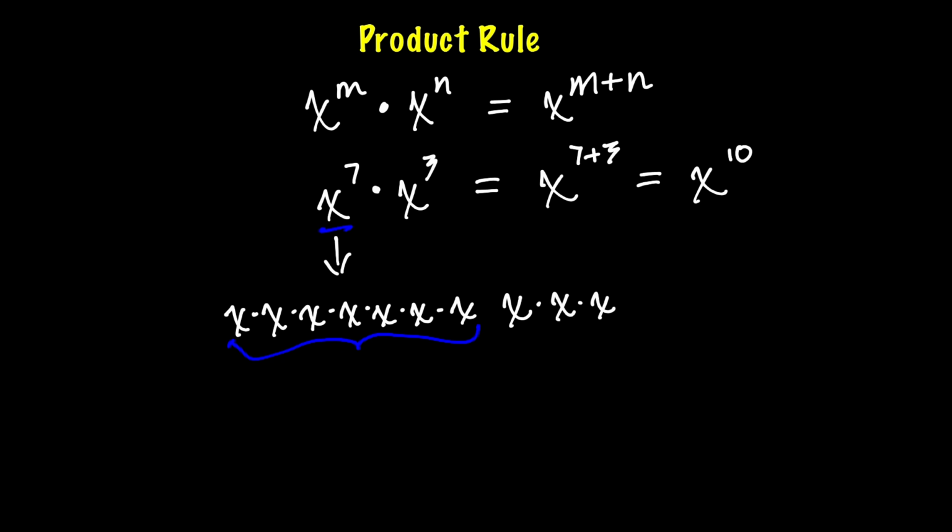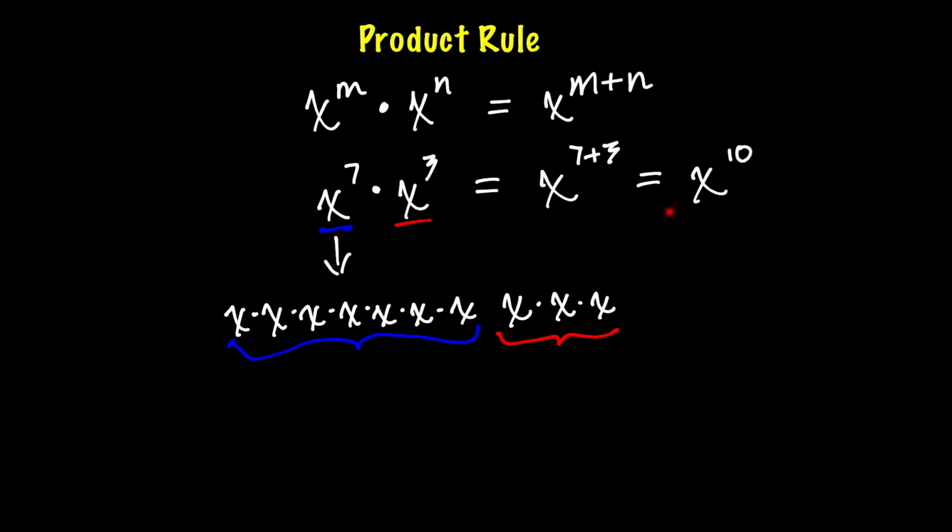Let's see, I'll highlight that in red. So here's my 3 factors here. If I counted the factors, I'd have 1, 2, 3, 4, 5, 6, 7, 8, 9, 10. So this is a lot of work to do.